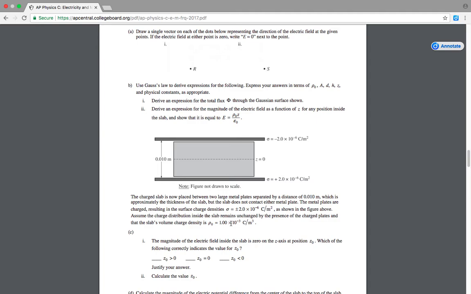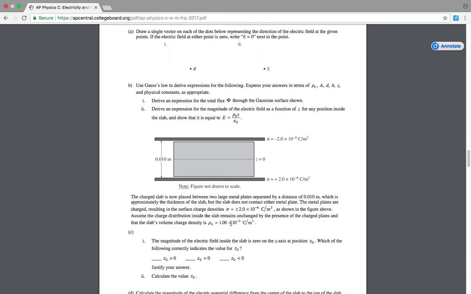Assume the charge distribution inside the slab remains unchanged by the presence of the charged plates, and that the slab's volume charge density is rho naught. So on top of there already being an electric field in the slab, there's not going to be an induced electric field from some kind of polarization, which is nice.